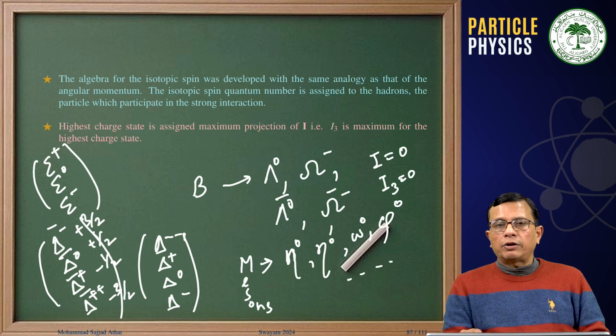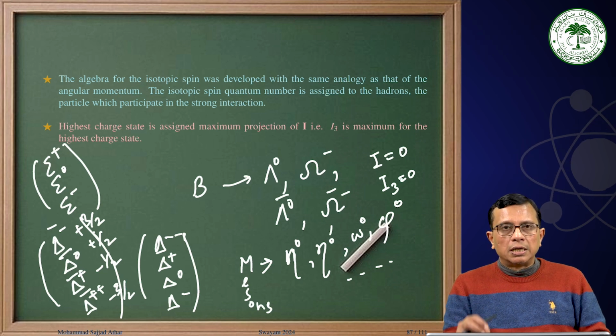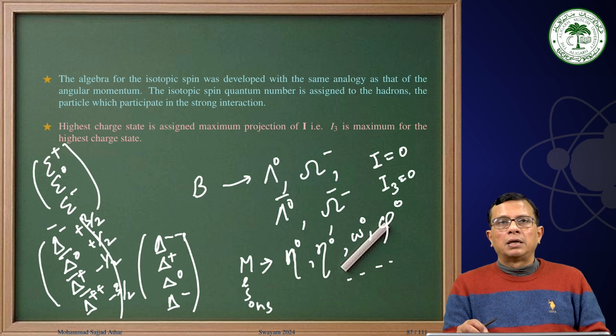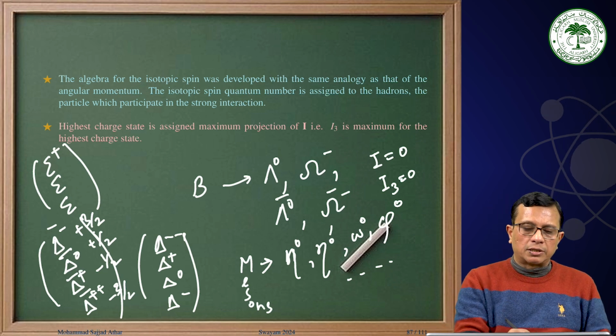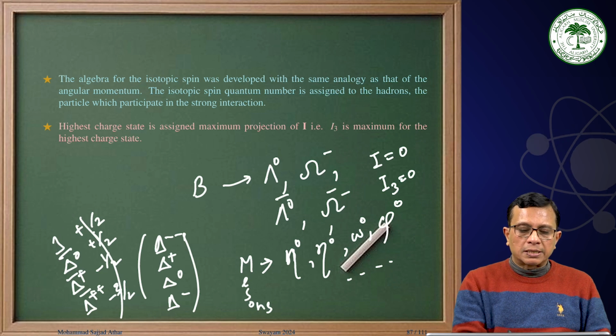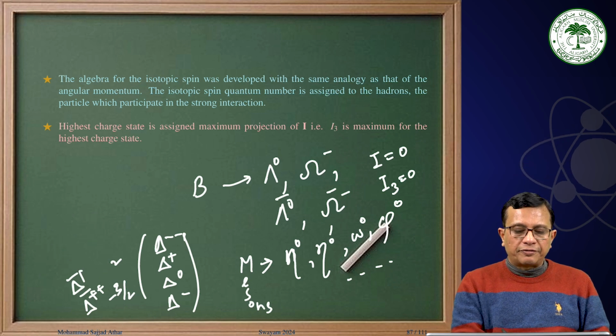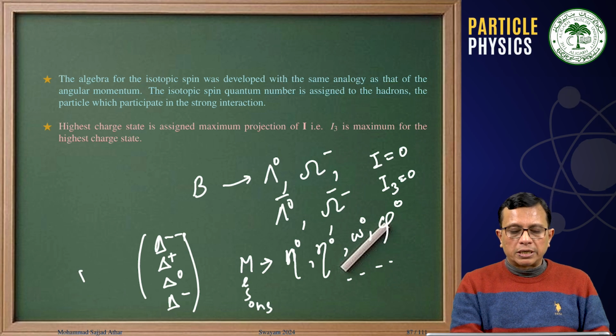Therefore, we are assigning isotopic spin to the hadrons. We are taking care of the fact that particles with the same strangeness, same mass, same spin, we place in a doublet, and particles with the same mass when we switch off the electromagnetic interaction, same spin, are put in a triplet, and similarly we have quartets, etc. Therefore, we have singlets of particles, doublets, triplets, and quartets of particles.